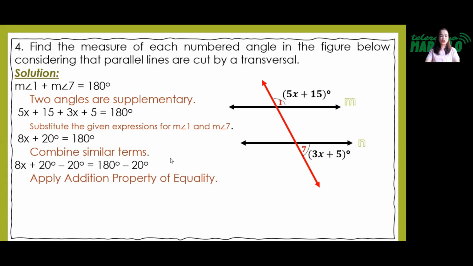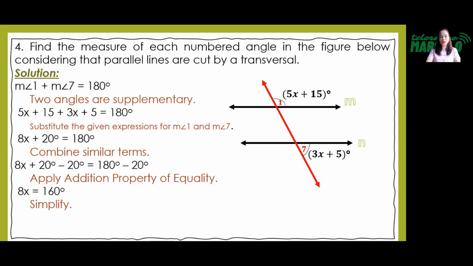So we have 8x plus 20 degrees minus 20 degrees is equal to 180 degrees minus 20 degrees. So with that, guys, we can have the equation 8x is equal to 160 because 20 minus 20 is 0 and 180 minus 20 is 160. So we are left with 8x is equal to 160 when we simplify. Okay, so we need to determine the value of the variable x.